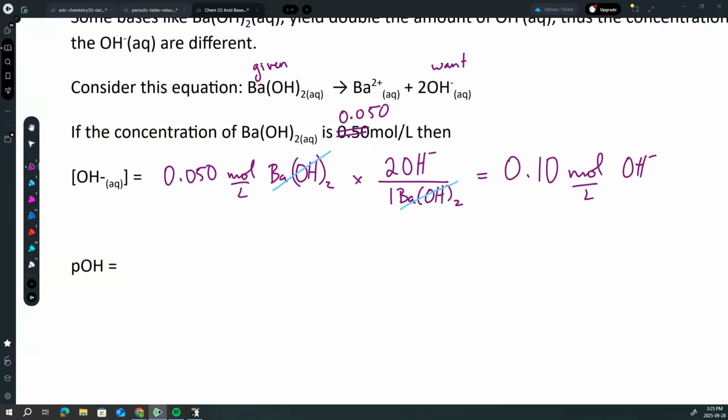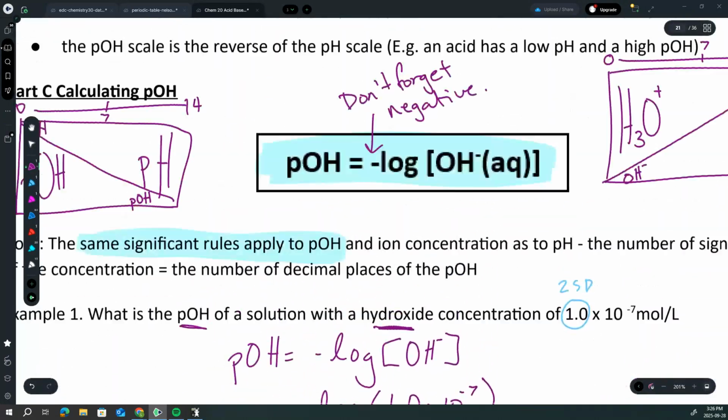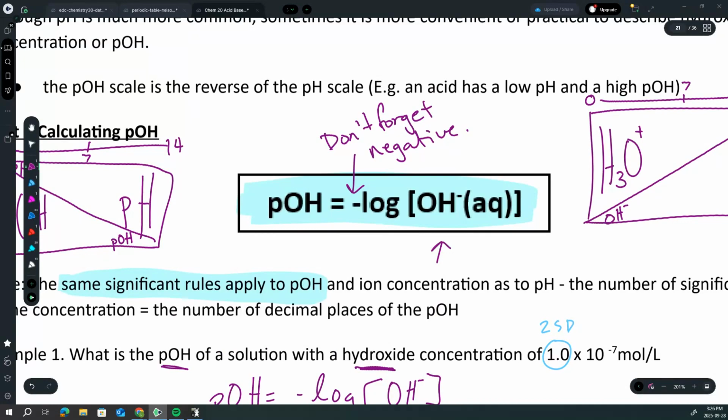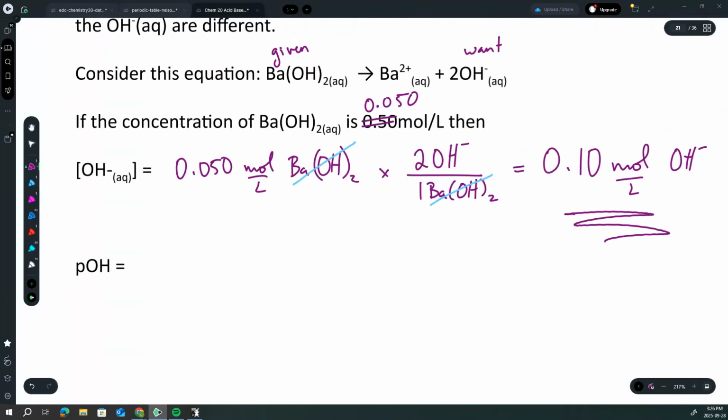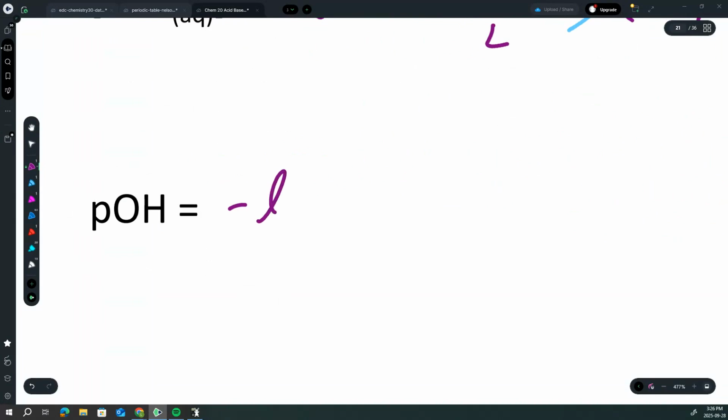Alright, so now that we have the concentration of hydroxide, we can move on to figuring out what the pOH is. The reason why we had to figure out concentration of hydroxide first is because that's what our formula needs in order to figure out pOH. Okay, so let's write out our formula first.